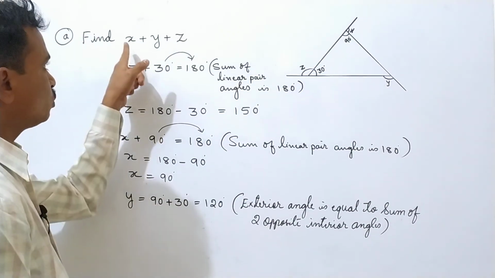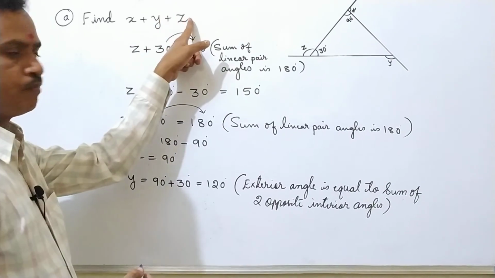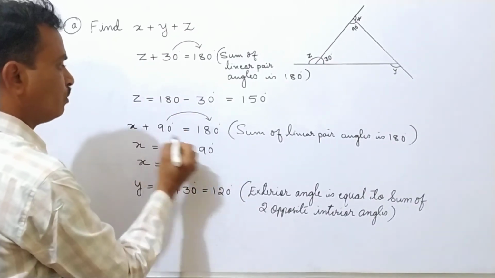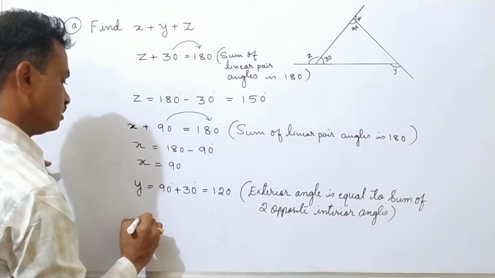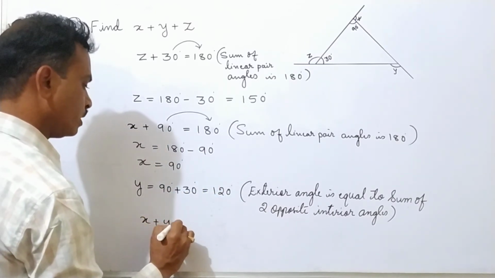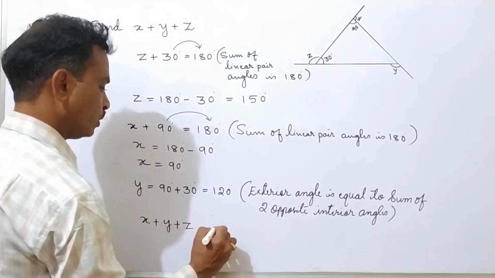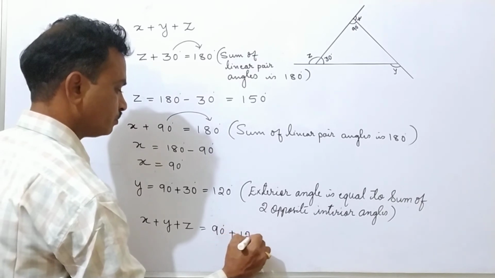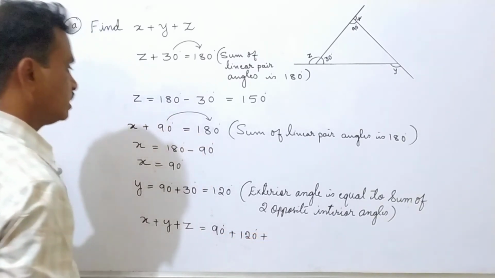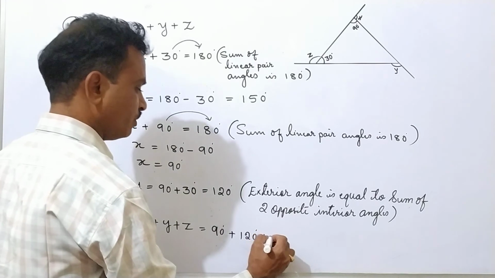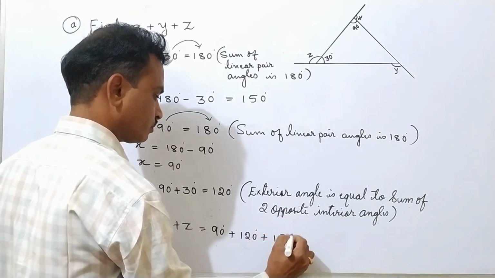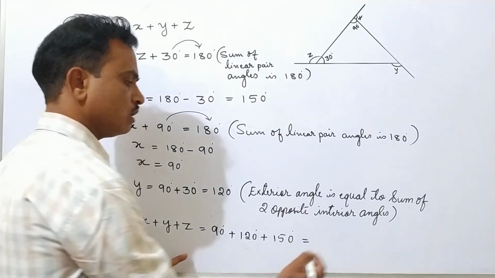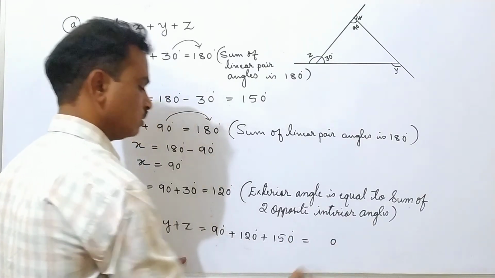So what we should find here is x plus y plus z. What is the x value here? The x value we got is 90. So x plus y plus z is equal to the x value 90 degree plus the y value 120 degree plus the z value 150 degree. Then add all this. In the units place all zeros are there, so you write 0.